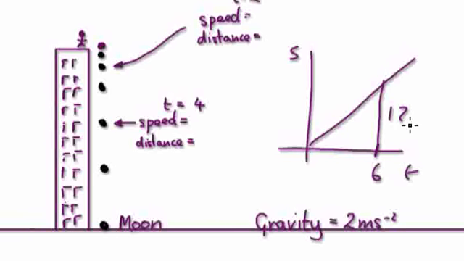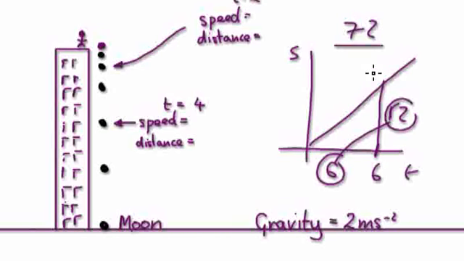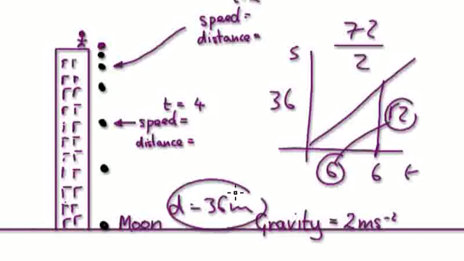Okay, the speed will be 12. So it's 6 times 12, 72, and then we've got to divide it by 2. So this would be 36. Okay, so the distance traveled would be 36 meters.